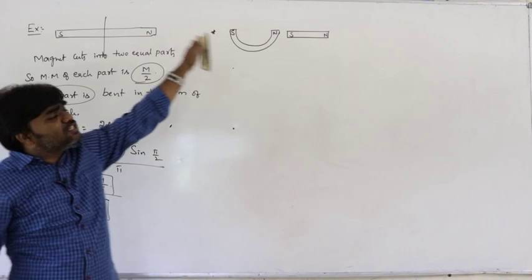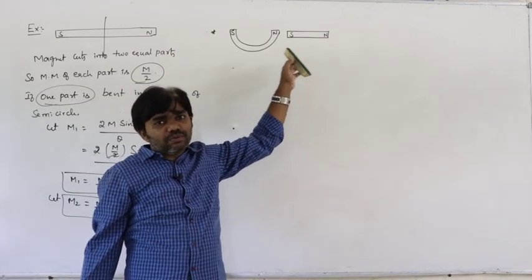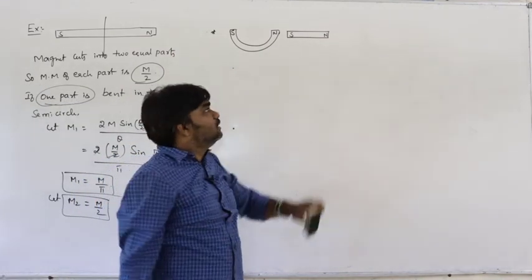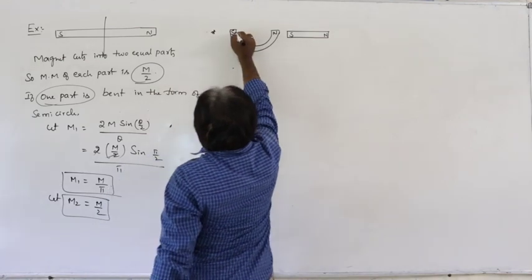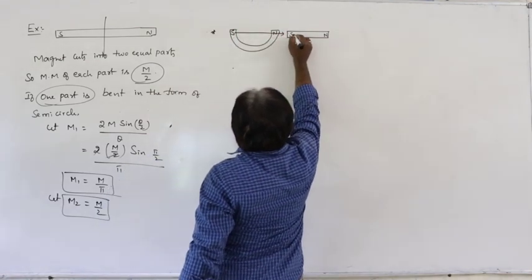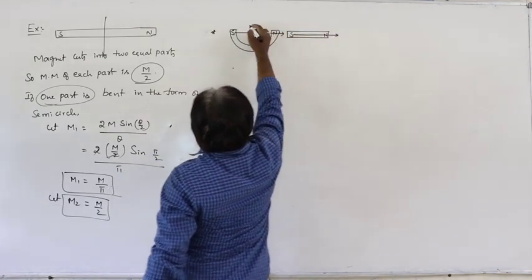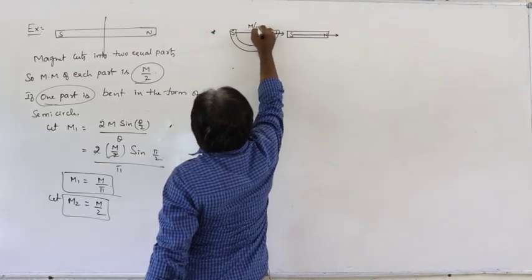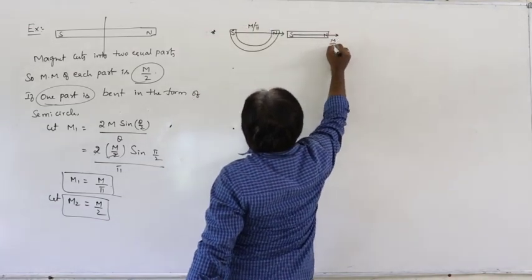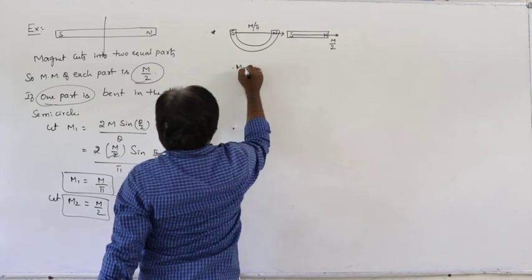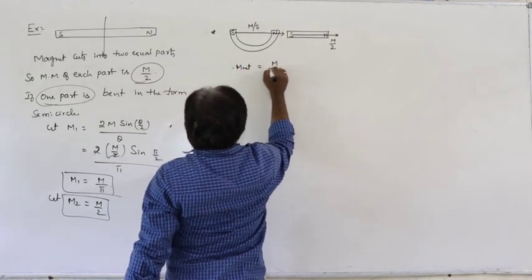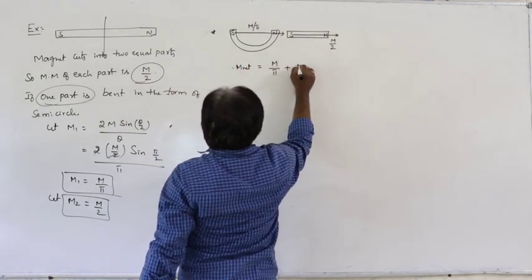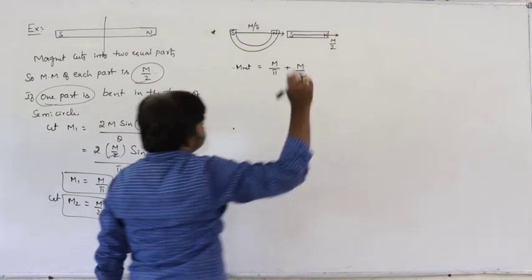Those two parts are arranged like this. Now, the direction, and this is also the direction. So this magnetic moment is m by pi, and this magnetic moment is m by 2. So net magnetic moment, both being in the same direction, is m by pi plus m by 2.